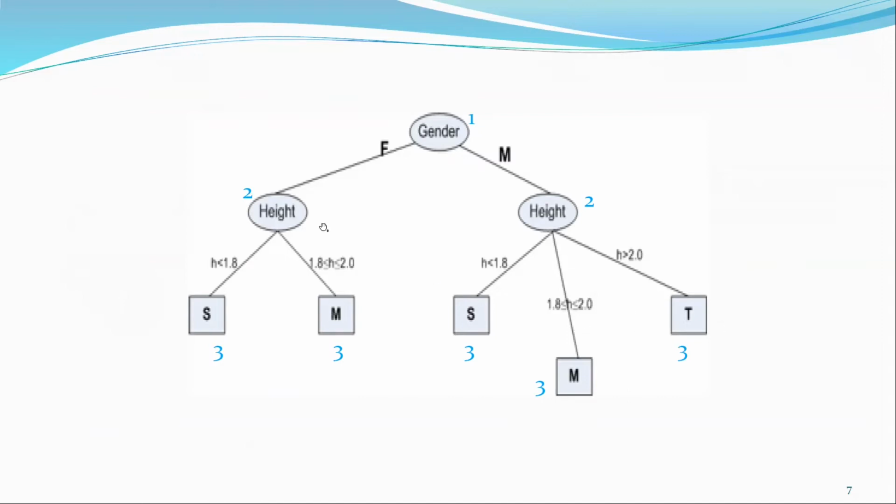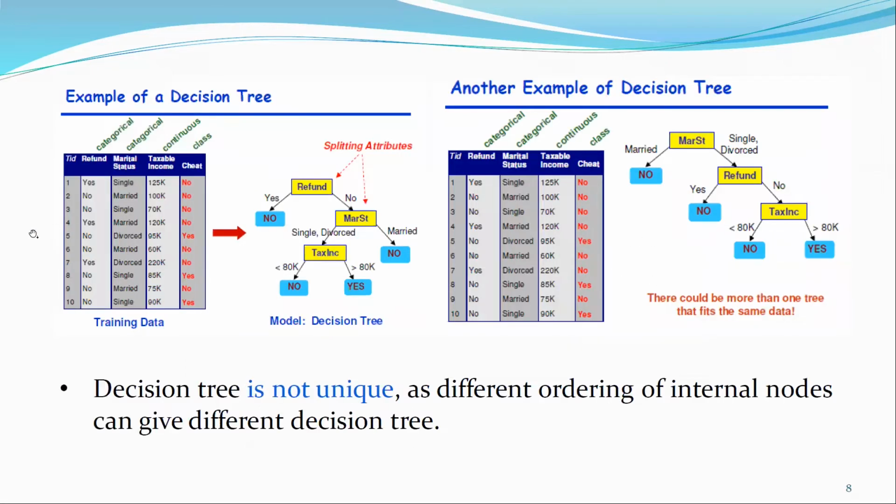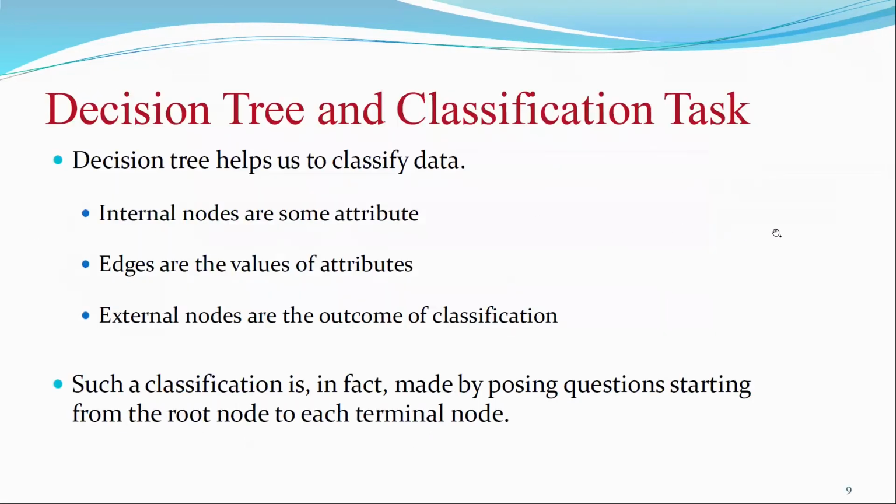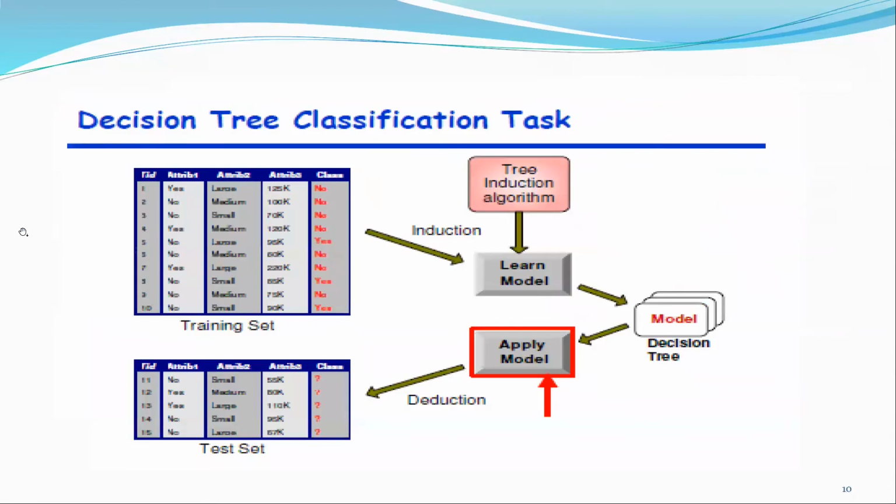And the remaining nodes labeled 2, that is height, are the internal nodes. F and M, the constraints on the edge, such as less than 1.8, and others are the values of the edges. Now the question is whether for a given data set we have a unique decision tree or not.